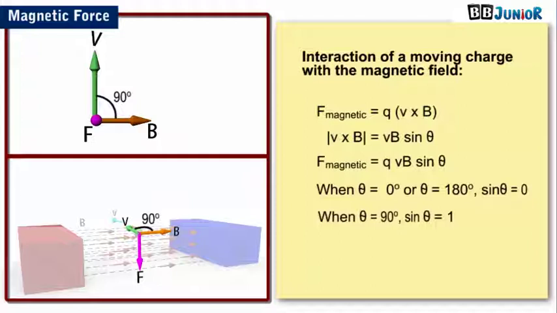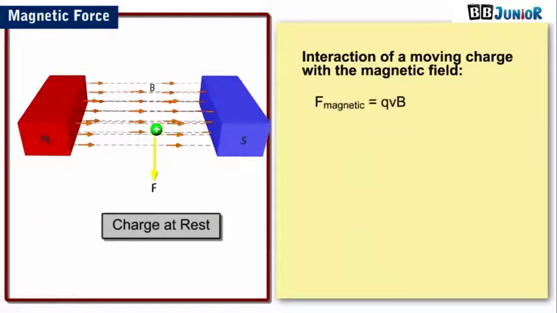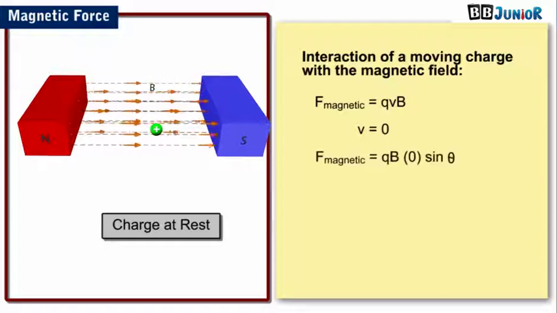In this case, the charge experiences maximum magnetic force, F magnetic equal to QVB. If the charge is not moving in the magnetic field, that is, its velocity is 0, then the charge does not experience any force, since F magnetic is equal to 0.